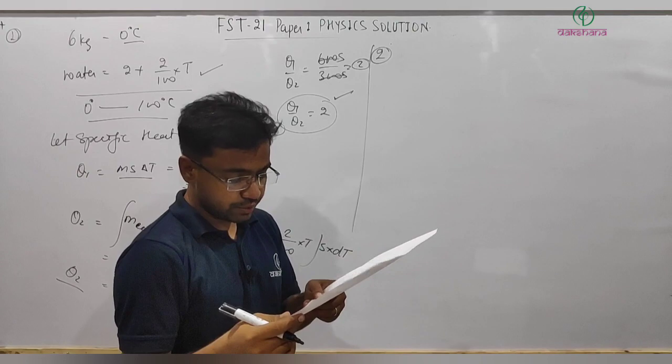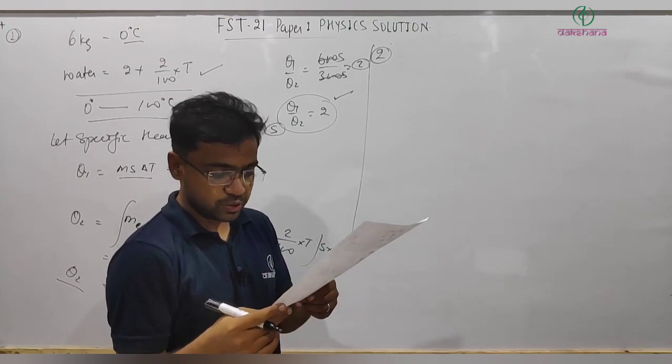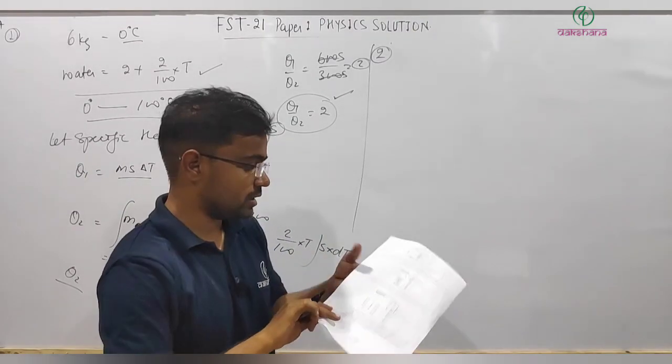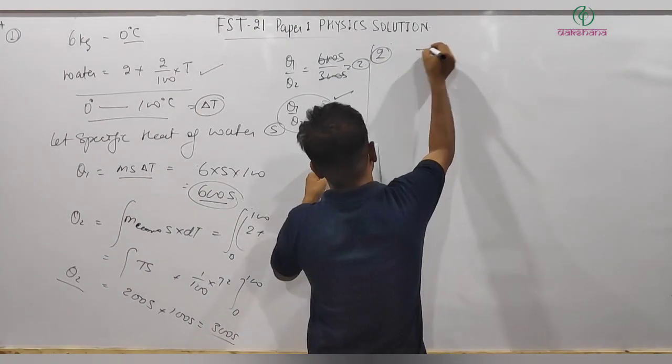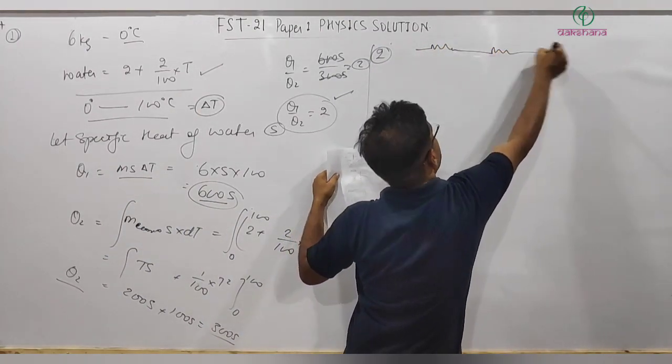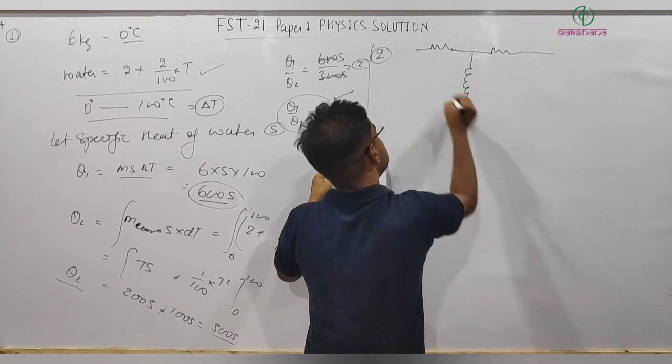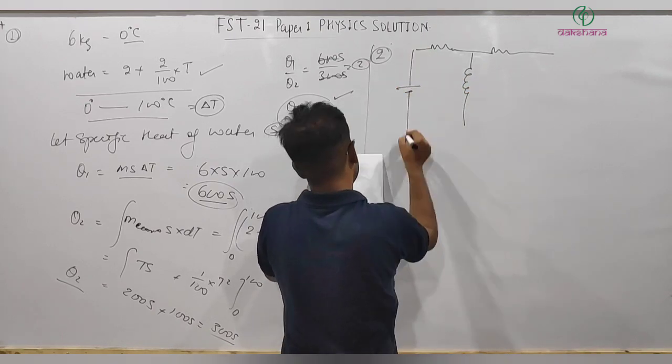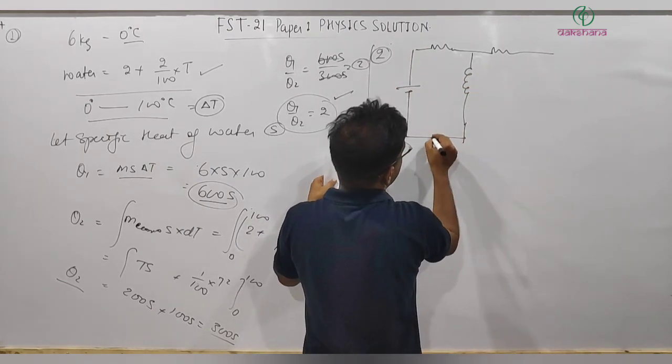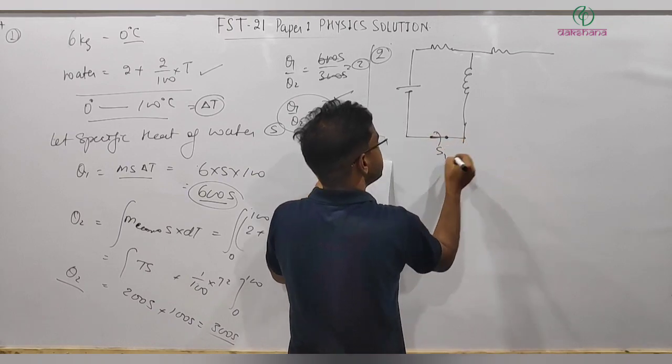In the circuit shown in the figure, S1 remains closed for a long time, S2 remains open. So let me first draw the circuit. Here this is the circuit given, an inductor and this battery of 1 volt, switch S1.